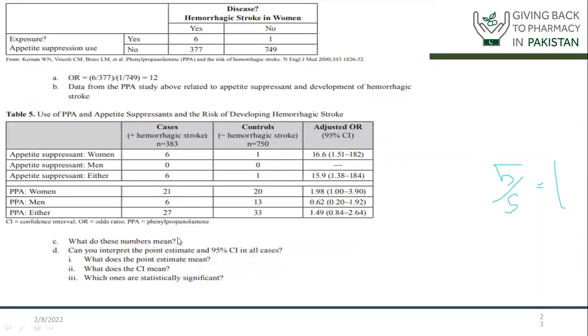So it means there is 1100% or 12 times, 12-fold chances of getting hemorrhagic stroke if you are using appetite suppression. This is how it is telling you the magnitude of the risk. So use of PPA and appetite suppression, the risk of developing hemorrhagic stroke.